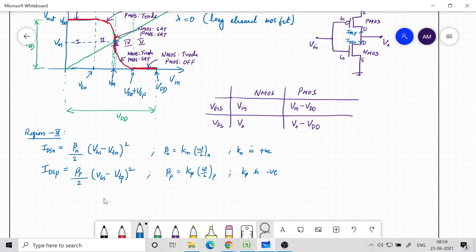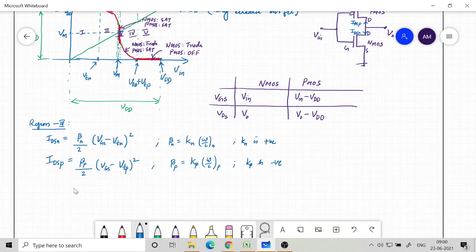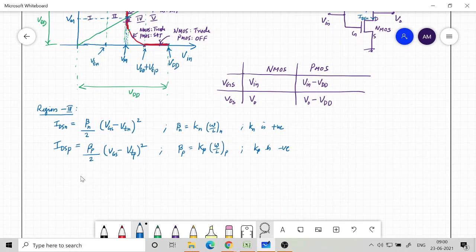Alright, so if you want to find out the midpoint voltage, let me rewrite now by taking these values of VGS, which is Vin for the NMOS transistor, and Vin minus VDD for the PMOS transistor. Therefore IDSN is equal to beta n by 2 into Vin minus VTN the whole square.